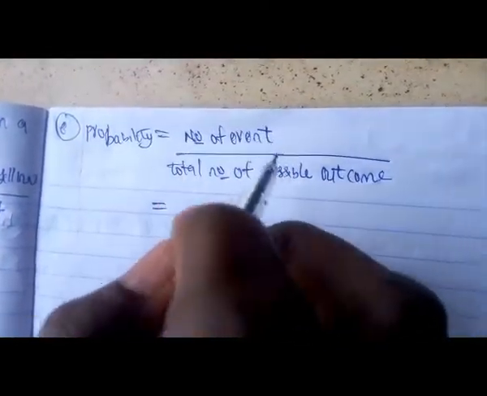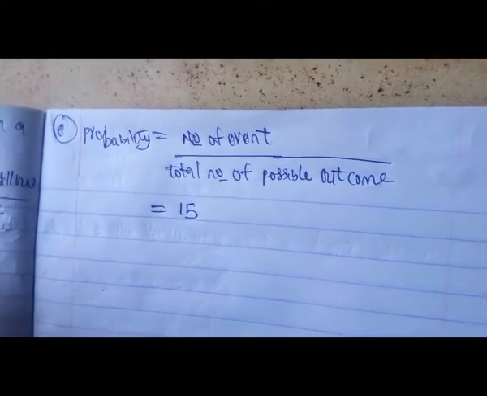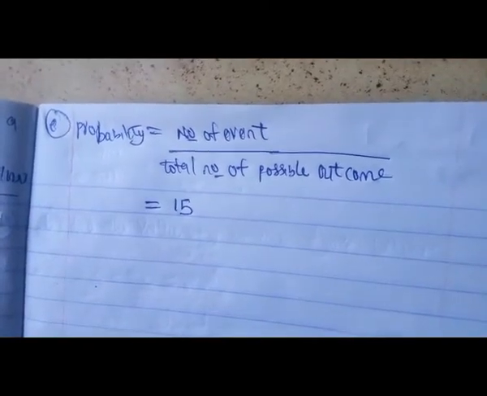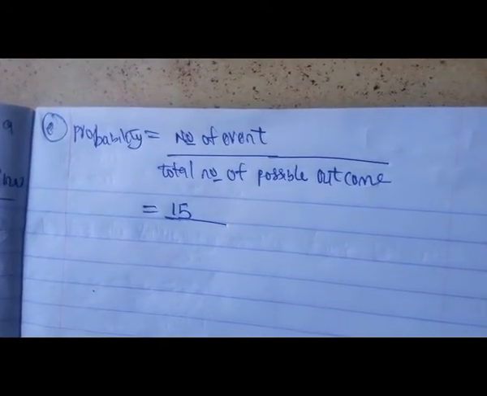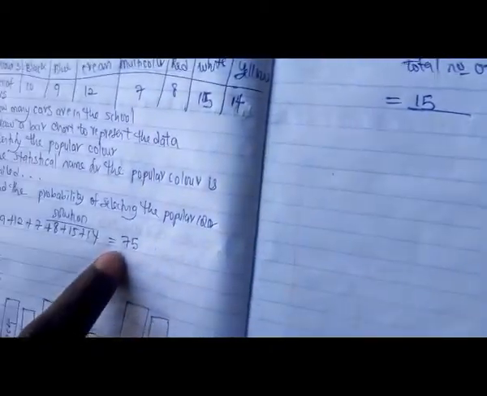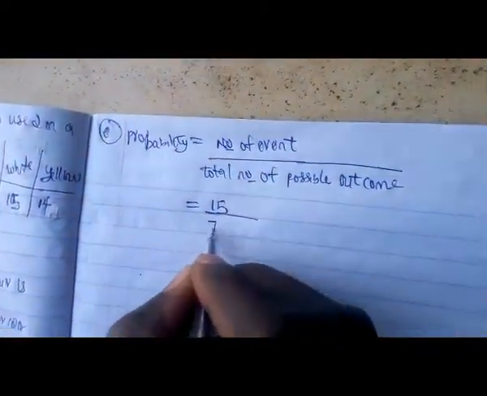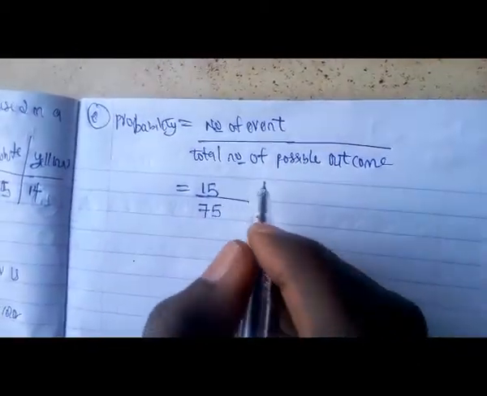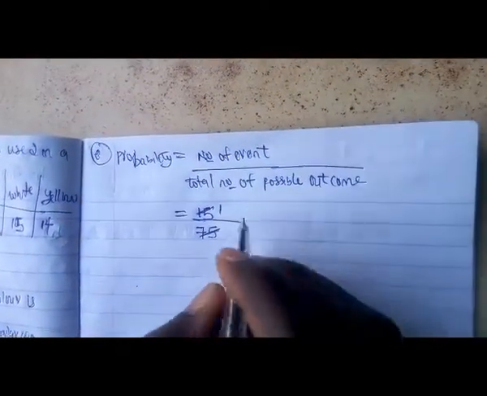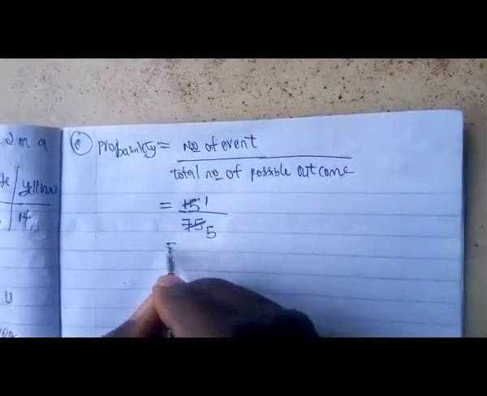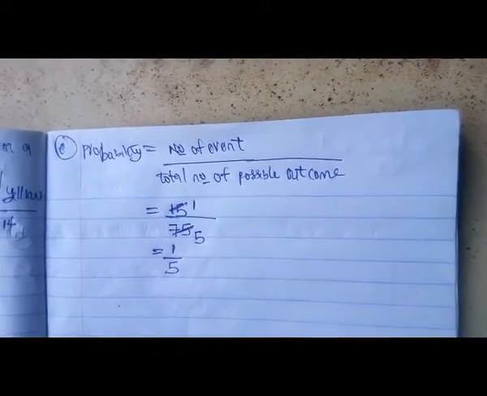So the number of events is 15, because 15 is the number of cars for white. The total number of possible outcomes is what? 75. Remember 4A, when we added all the numbers together, the total was 75. So it's 15 over 75. Let's divide to reduce the number. 15 here 1, 15 here 5. So the probability is now 1 over 5. So that's the end of the question.